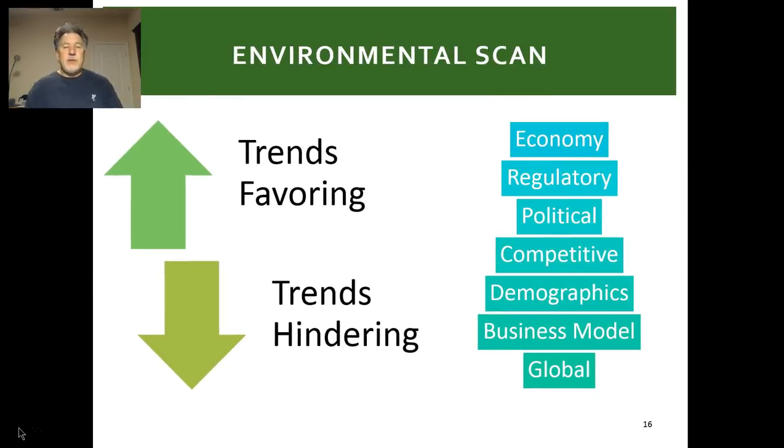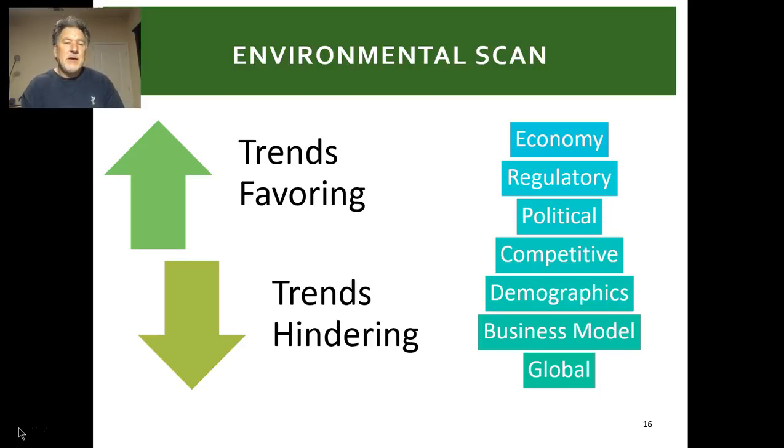And then there is what we call the environmental scan. On the right-hand side, you can see a variety of factors that you need to consider as part of that scan: economy, regulatory, political, competitive, demographic, business model, global. Trends that are favoring versus trends that are hindering. You need to understand your environment.